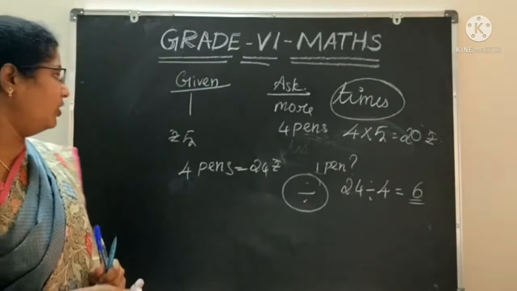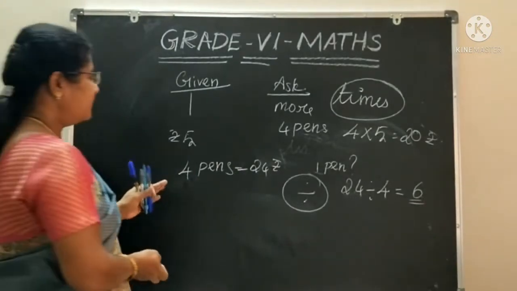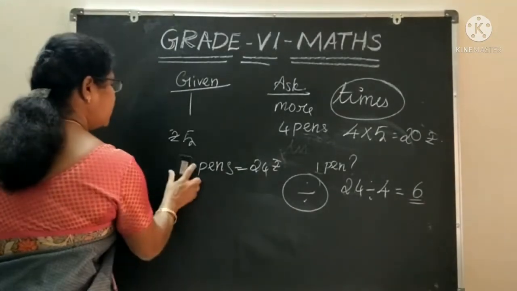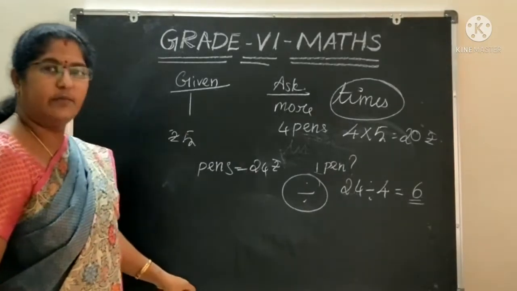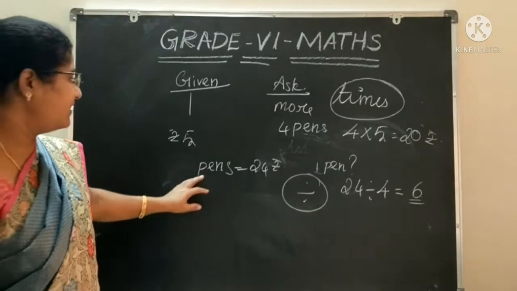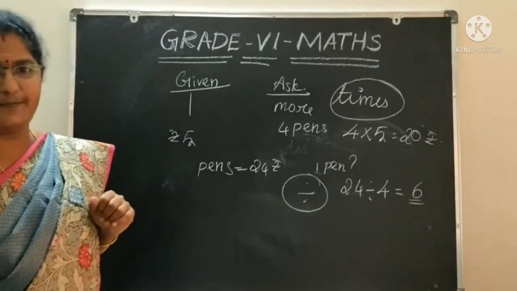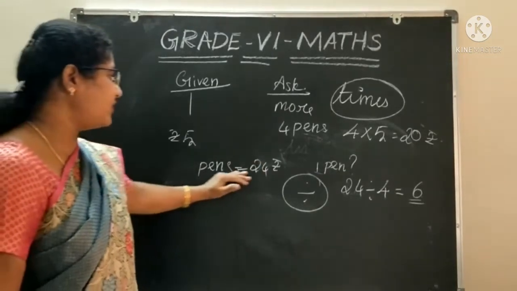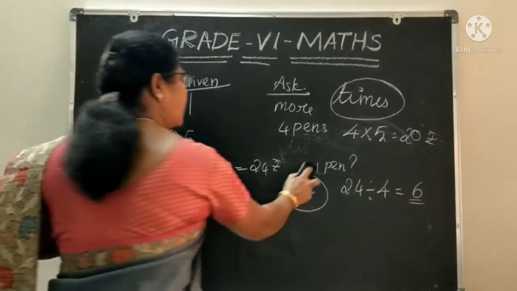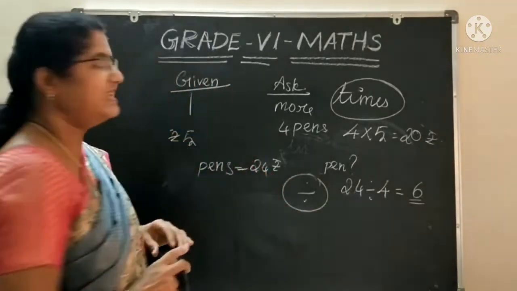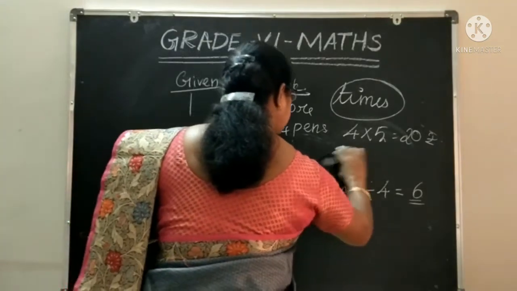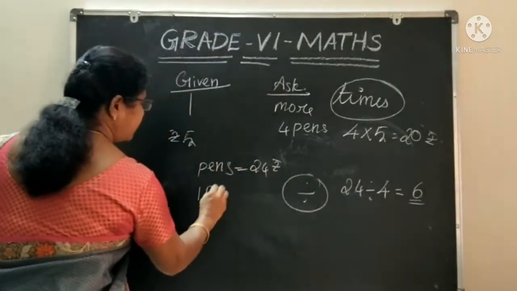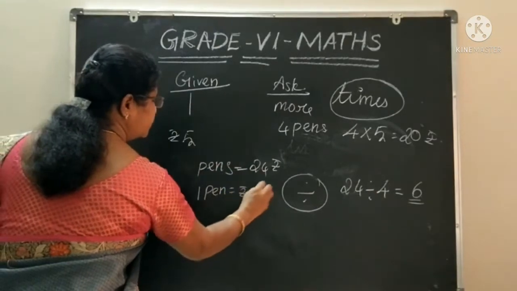And also, suppose they give this: I bought some pens for 24 rupees. Each pen, 1 pen cost, is equal to 6 rupees.